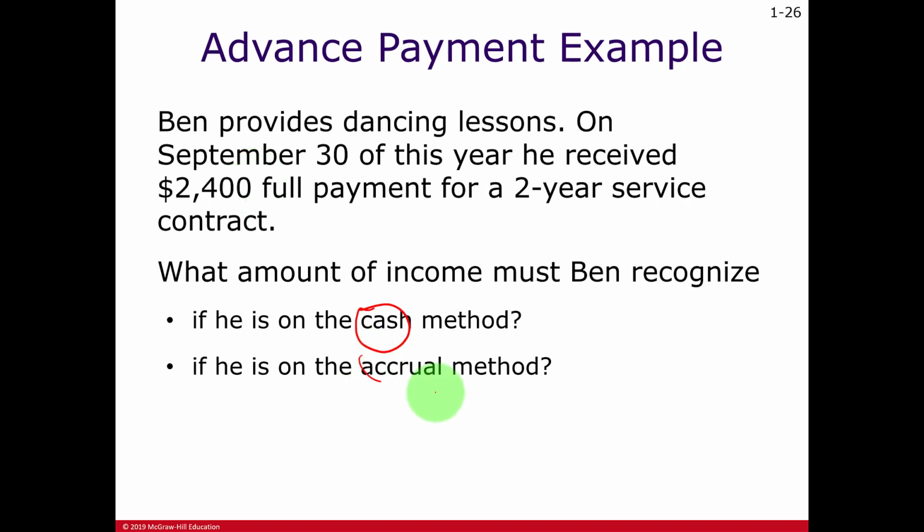But how about the accrual method? If Ben prepares financial statements and uses that unearned fees account, he gets to report only 3 months worth of income this year, and the rest of the income has to be reported next year. Even though it's going to be beyond next year, he gets to defer only 1 year. So 3 months recognized this year and the rest next year.